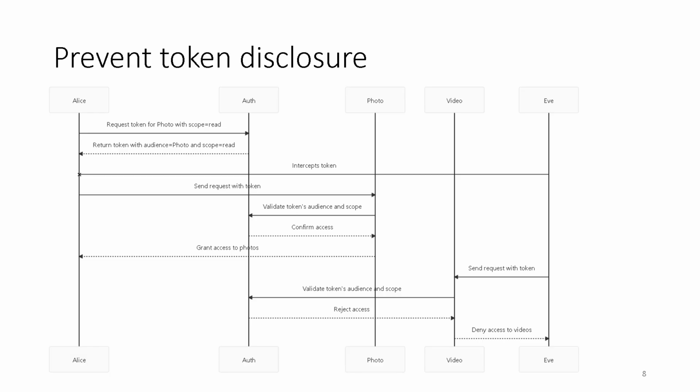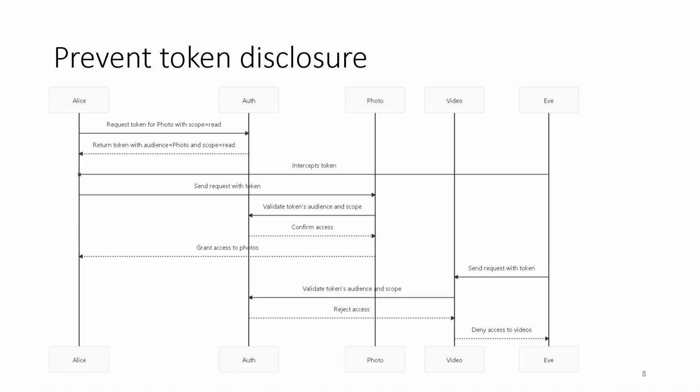In this case, the audience and the scope. Additionally, the authorization server should restrict the use of the token to a specific scope. It could be read-only or write-only access, and the resource server should check that the token scope is sufficient for the requested operation.